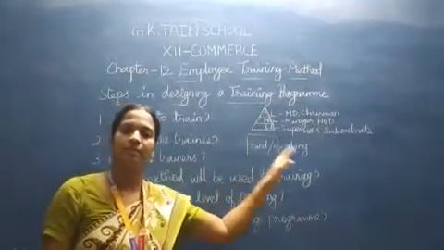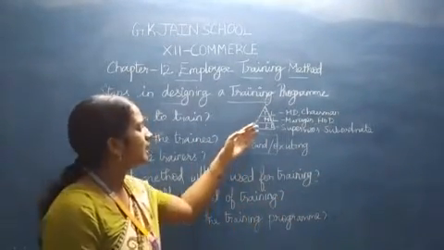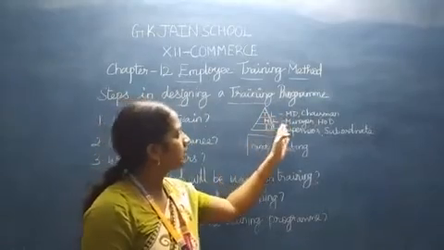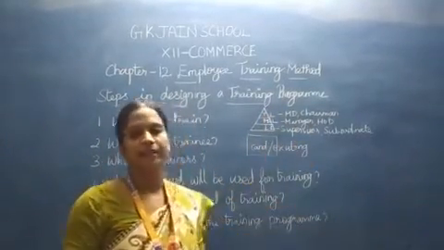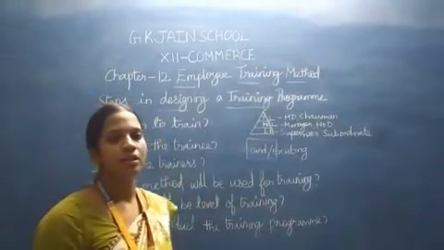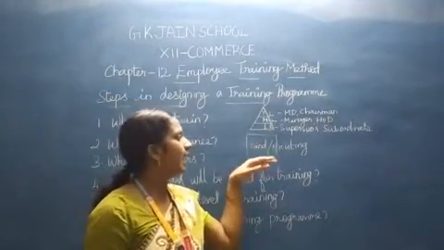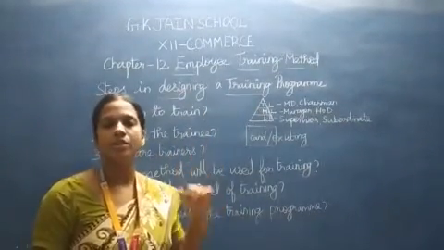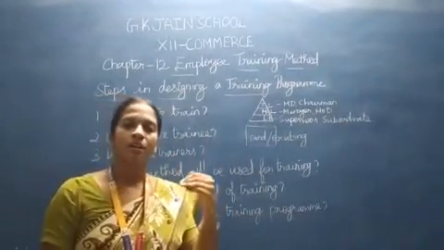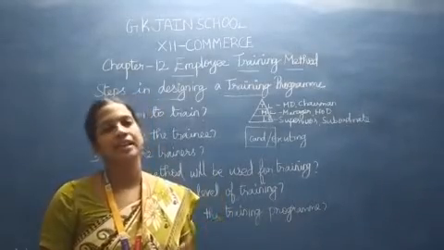You can call them the executive level or the supervisory level, and we have a lower level of people who are doing the work. The MD or the chairman can also be given training.